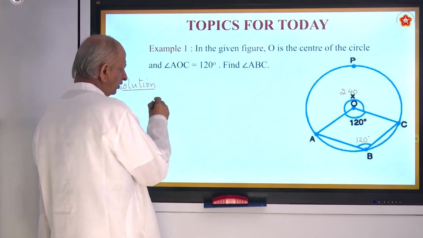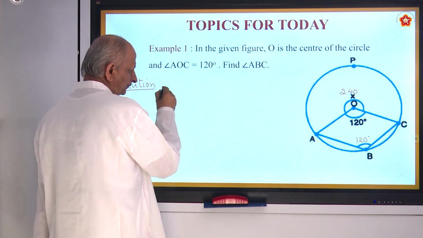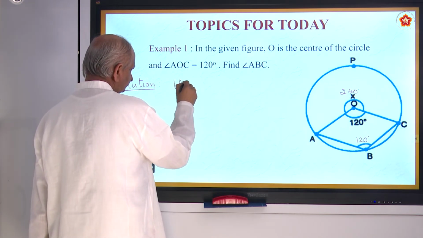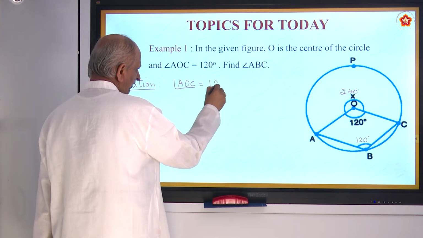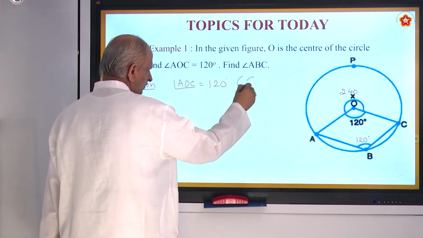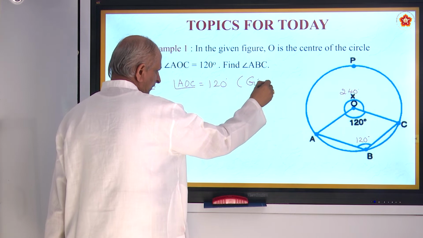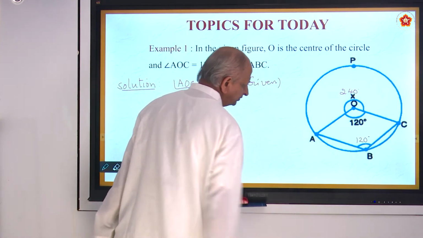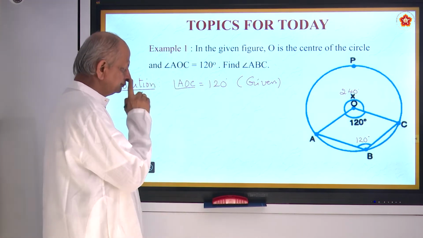Okay. Now you must write first, angle AOC is given to be 120 degrees. That is given. It is formed by which arc? It is formed by the arc ABC. Is it not?